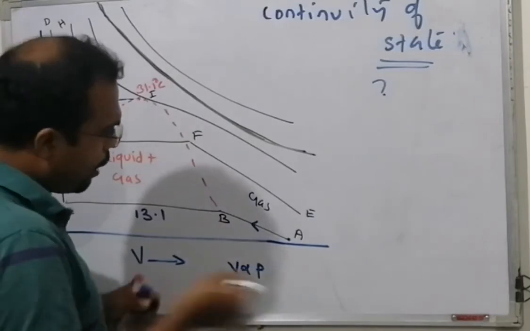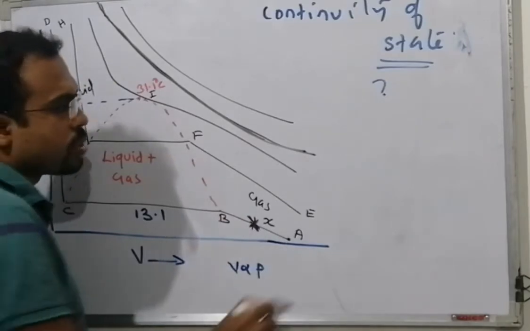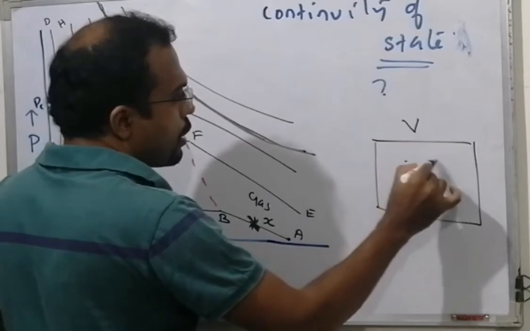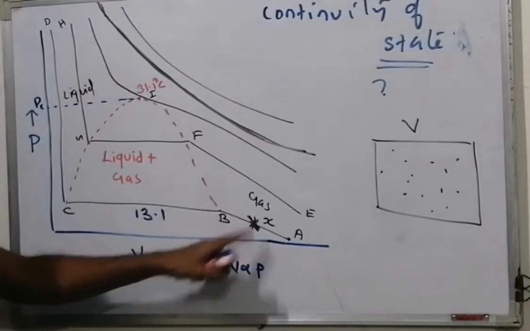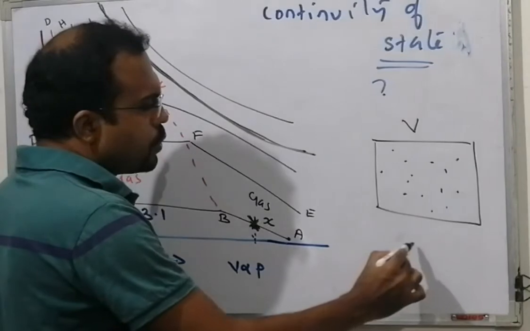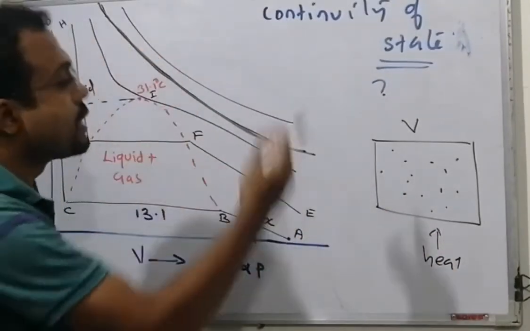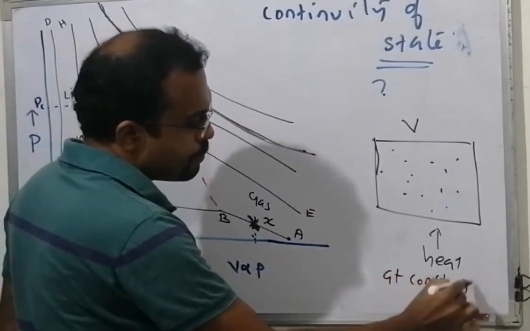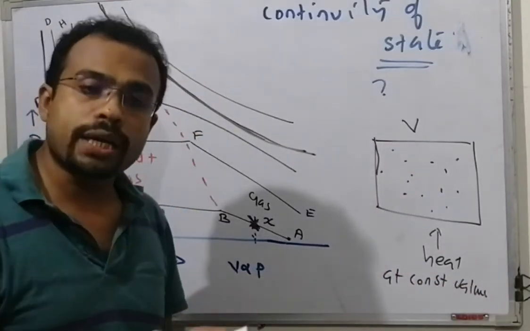Suppose, imagine a gas at this point X. At the point X, you have a volume. Gas molecules are here. This is the volume of the gas at point X. Now imagine you give heat to this gas at constant volume.